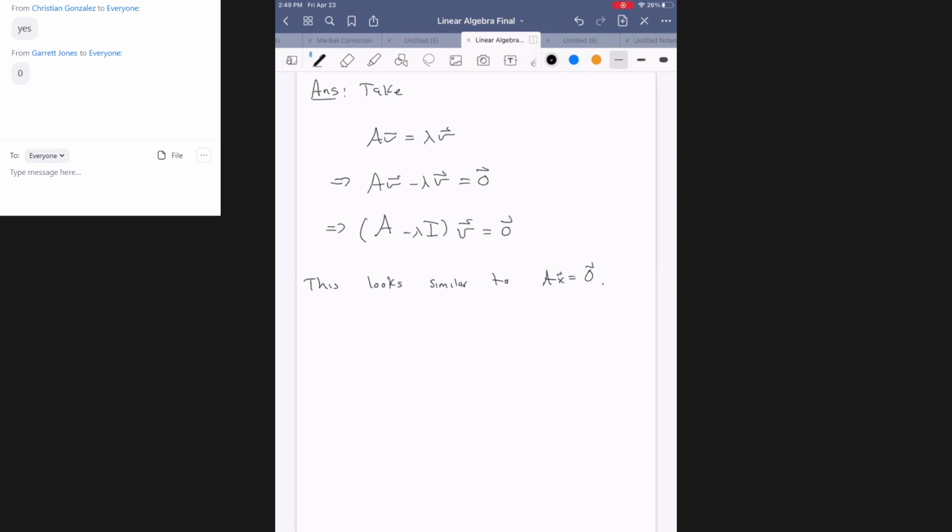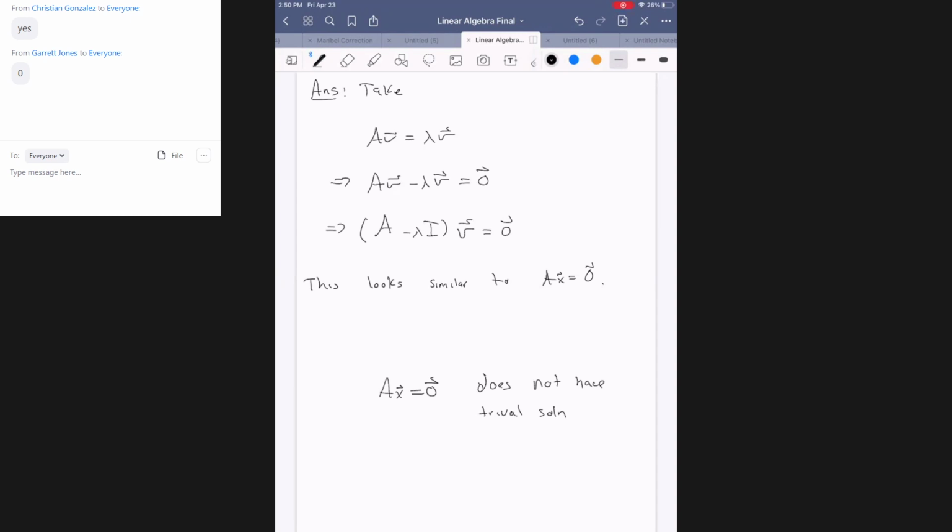So remember, AX equals 0 only has a trivial solution if what? Think in terms of determinants. If the determinant is not 0, then the only solution is x equals 0, right?